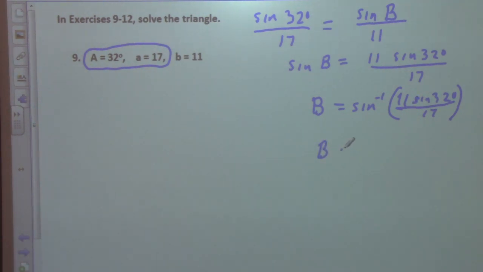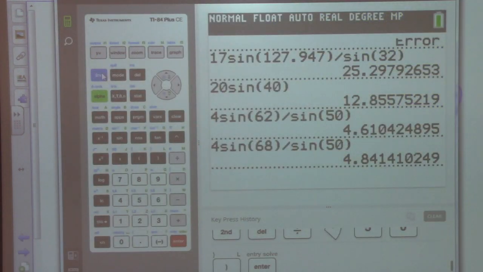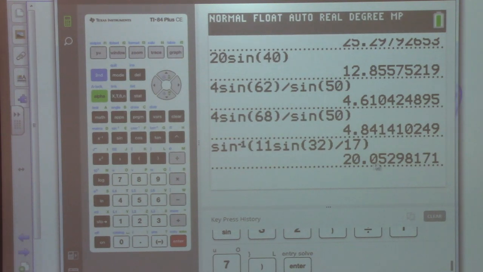So what I want to do is take the inverse sine of 11 sine 32 over 17. So you should get 20.053 degrees. Does that look right? Yes.